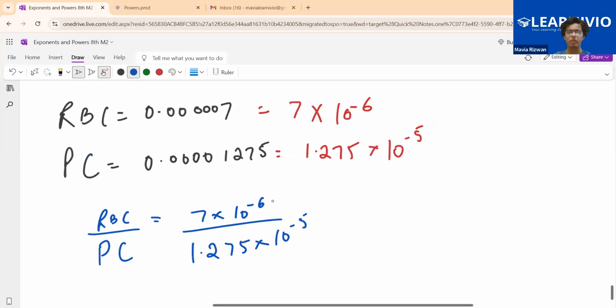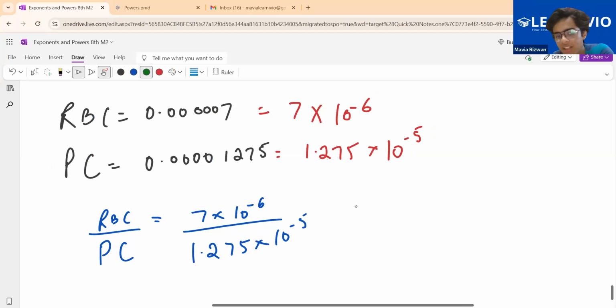Now see, here you have to apply your mind. Can I eliminate the 10 raised to the power minus something by any chance? Yes, we can try. I can write this as 0.7 into 10 raised to the power minus 5. Now you'll say, sir, how is this possible?